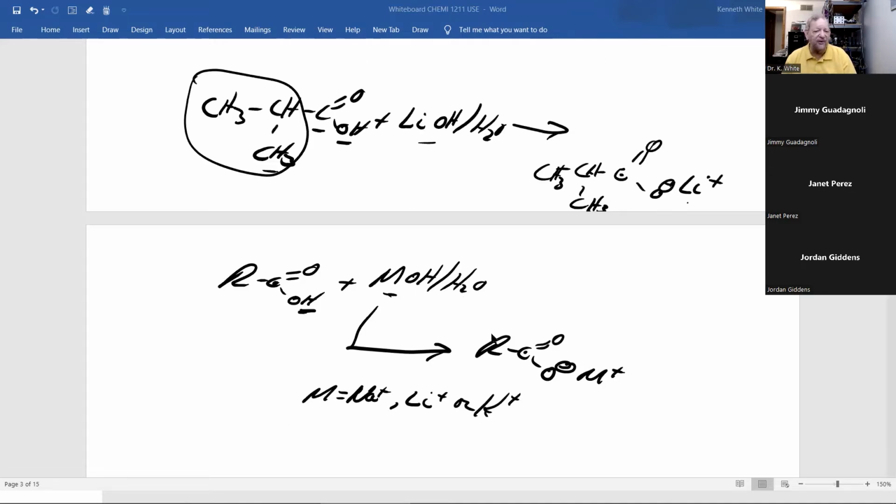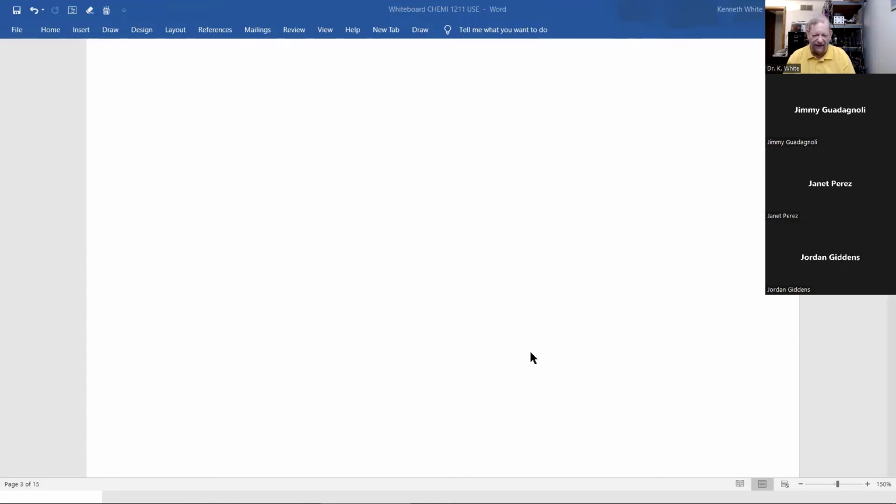We're talking about carboxylate anions reacting a carboxylic acid with a base in water, and you get the carboxylate anion. And let's try a synthesis problem. Remember, this stuff is going to be on test 3, not test 2.